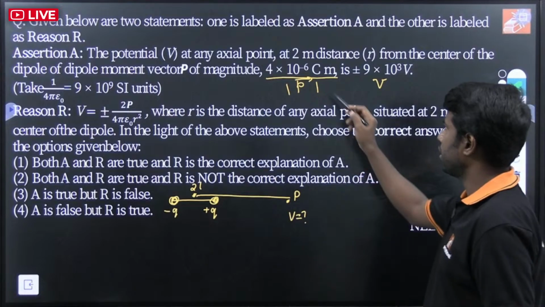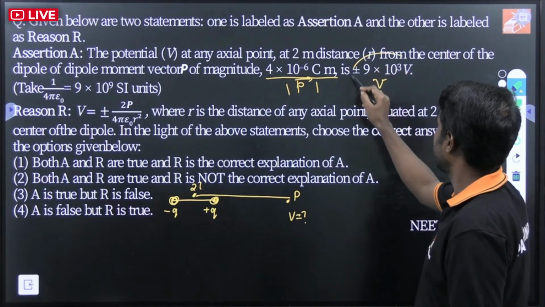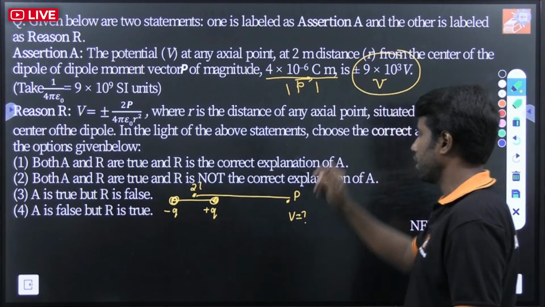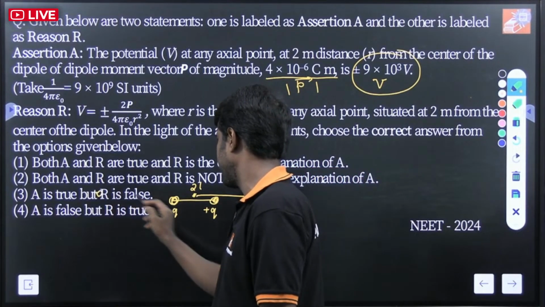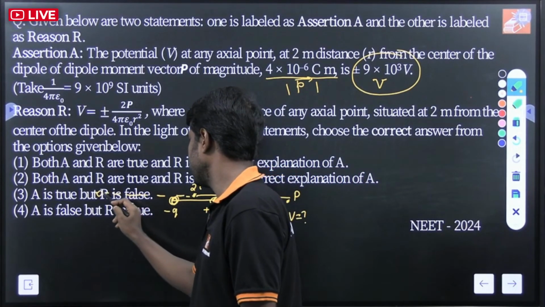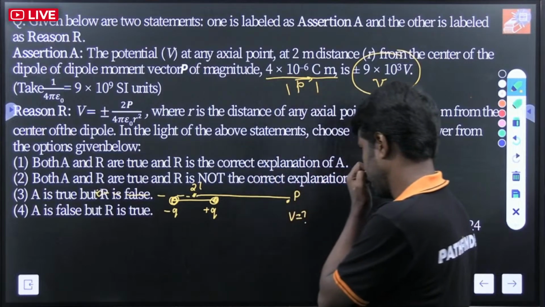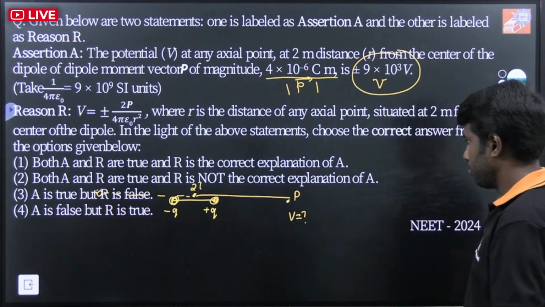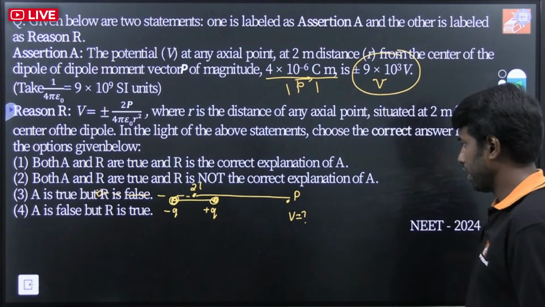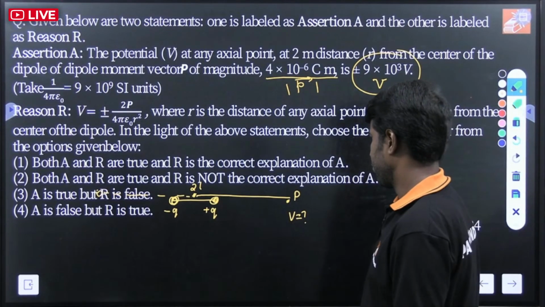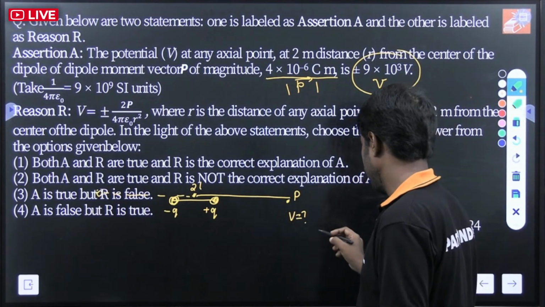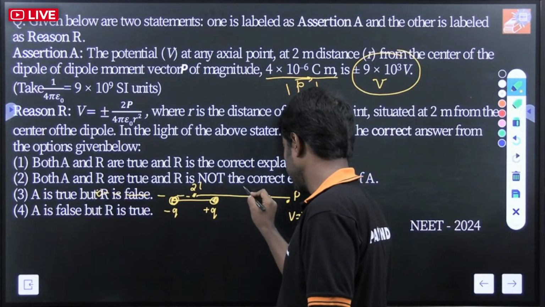At that point they have given the potential as plus or minus 9 into 10 power 3. On both sides, one side will get negative and the other side will get positive.